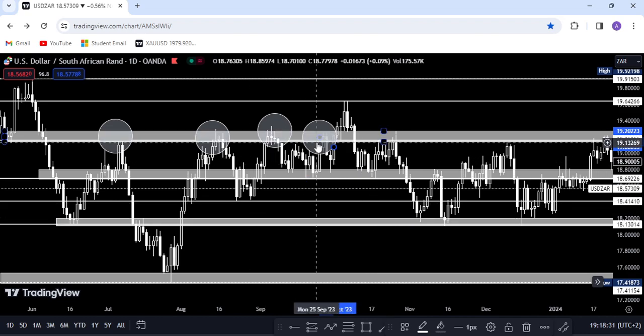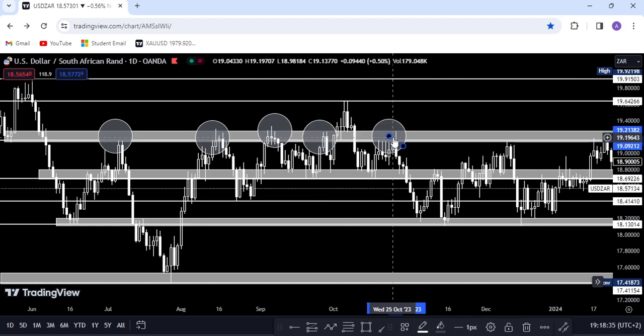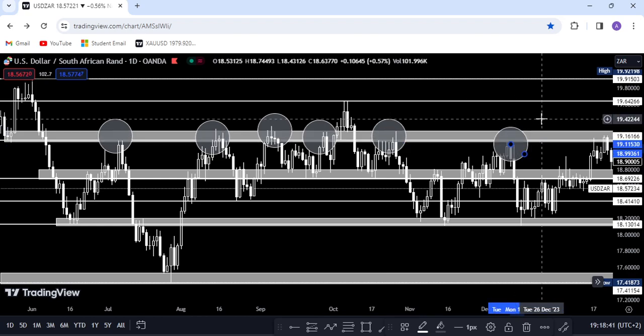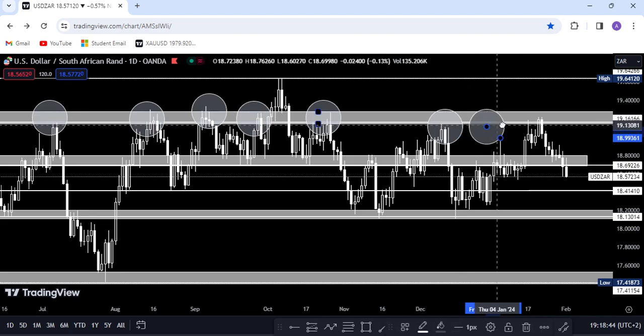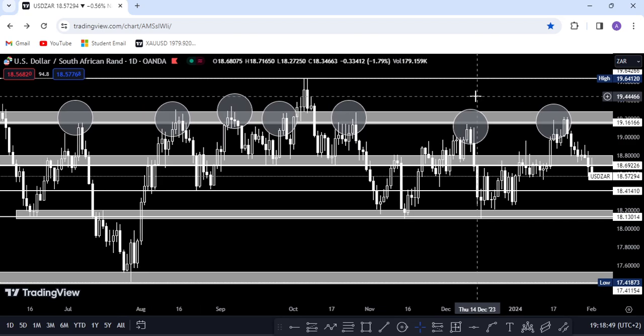So after going back, they retested and failed to break out, as well as here, and as well as here, which gives me, or anyone else looking at this chart, the idea that that level is a strong level of resistance.